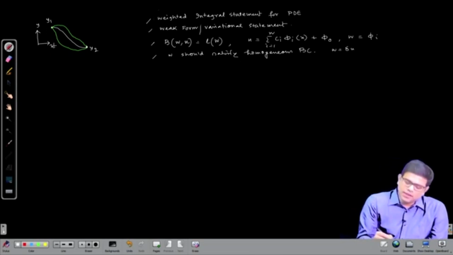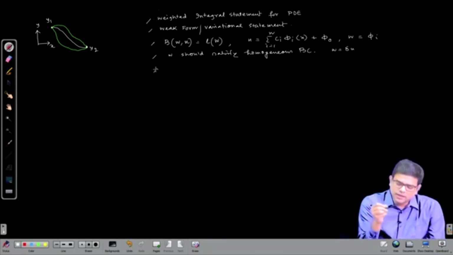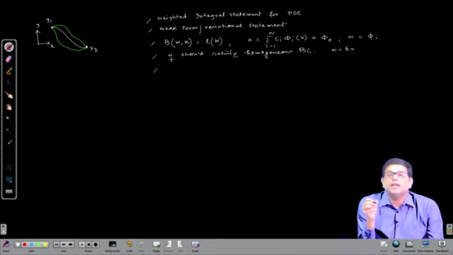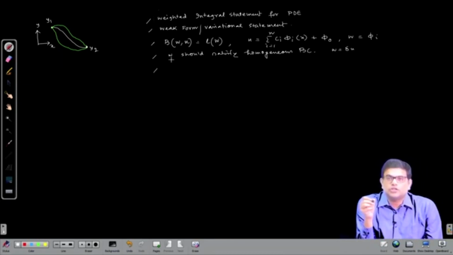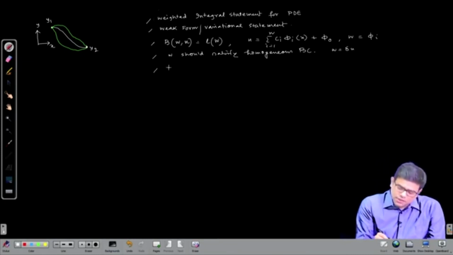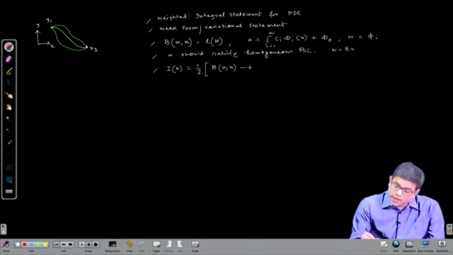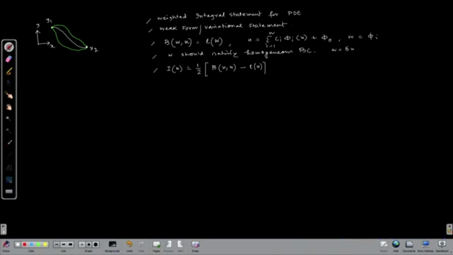Another important thing we have seen is that if the bilinear form is self-adjoint or symmetric, then we can easily construct its potential energy or energy functional, that is, B of u comma u minus L of u, in the process.